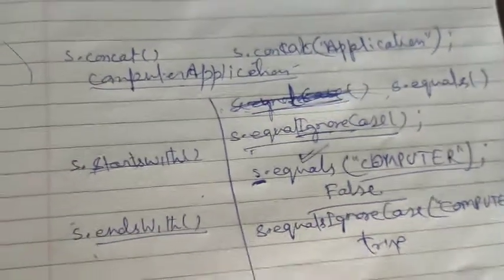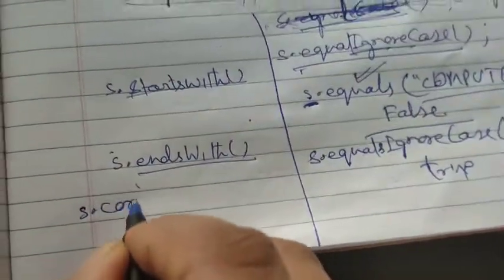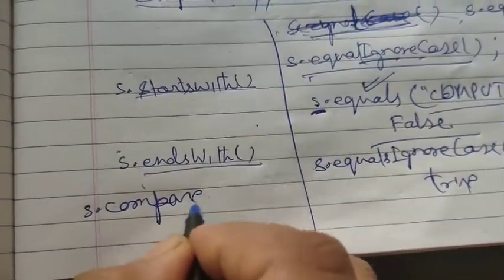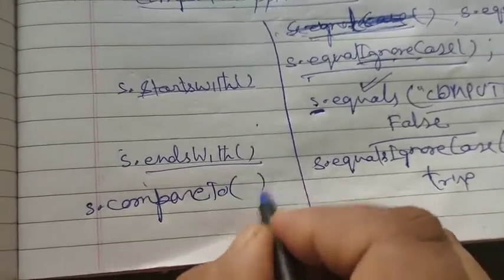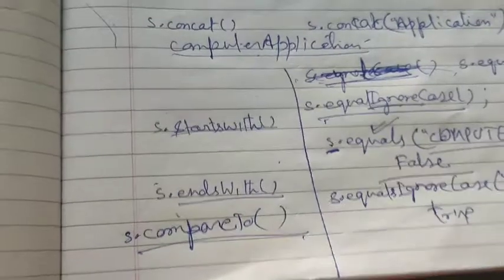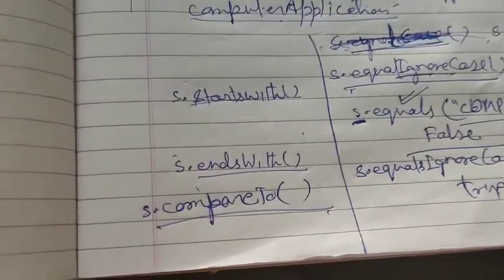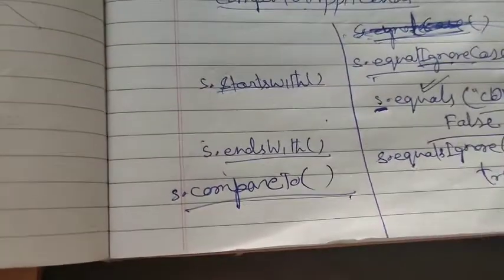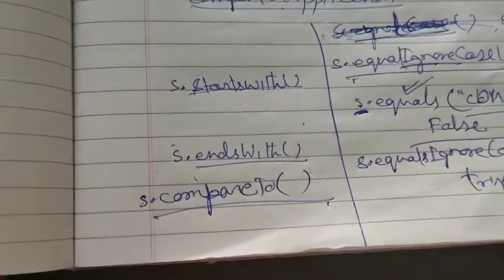Now one more function is left, that is s dot compareTo. I don't know whether this year you are going to use these functions or not, because they are mostly used for sorting, and string sorting is not there now, but still I am explaining this function.